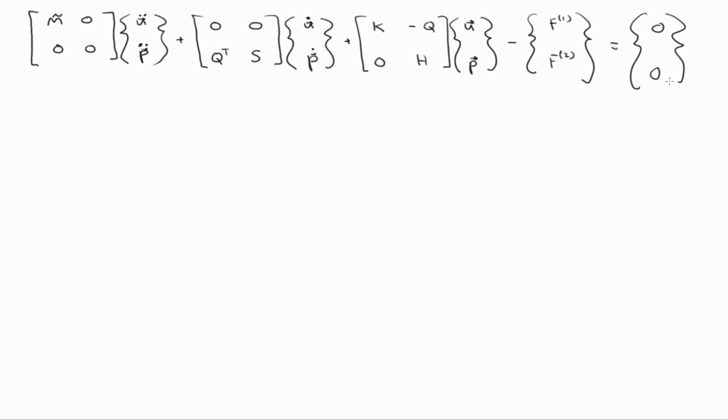So that's in matrix form. So the zeros are understood to be block matrices on the left and vectors on the right, to make everything consistent.